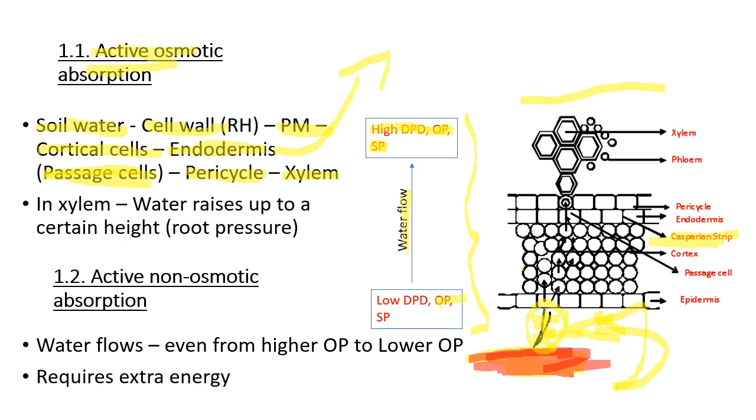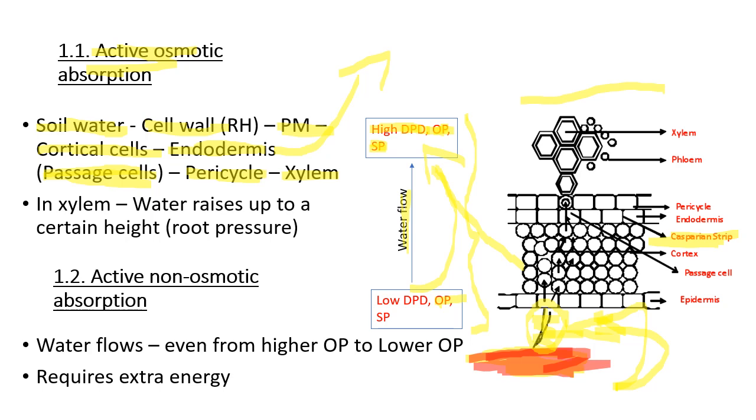Now these cortical cells will have a higher diffusion pressure deficit, osmotic pressure and suction pressure when compared to the root hair region. Hence the water again flows from the region of lower osmotic pressure to the region of higher osmotic pressure.